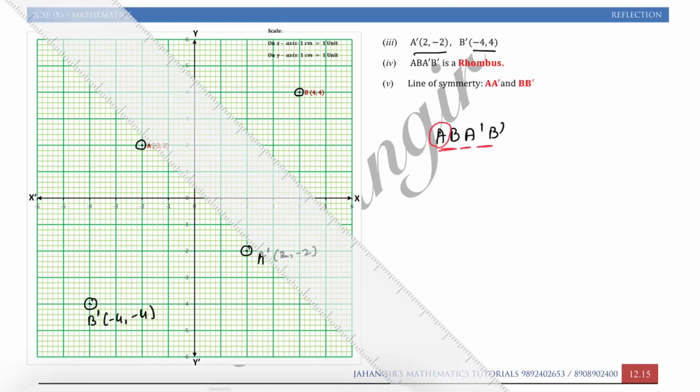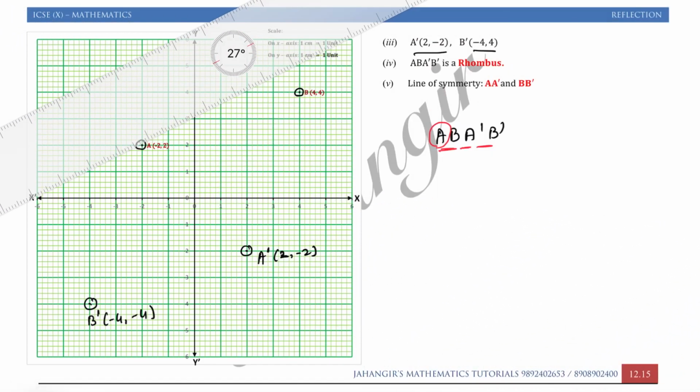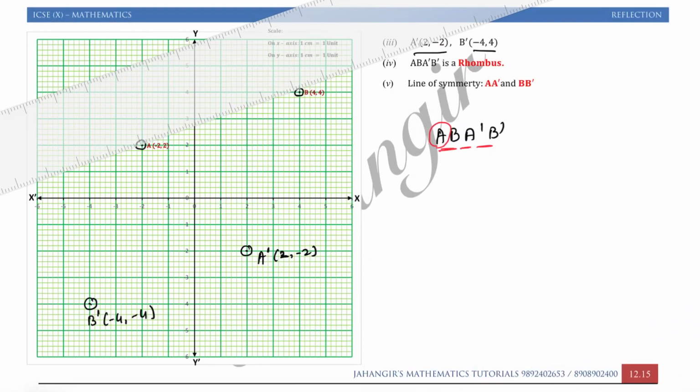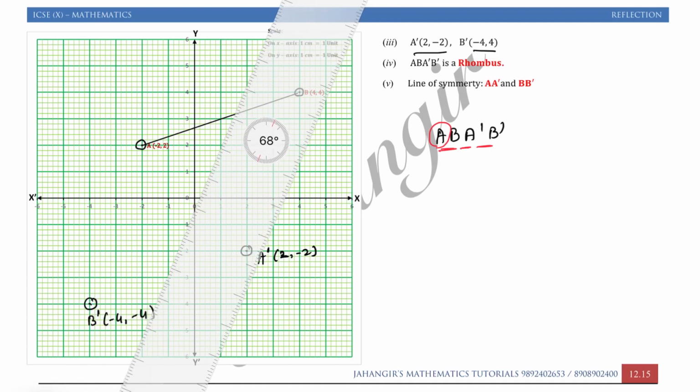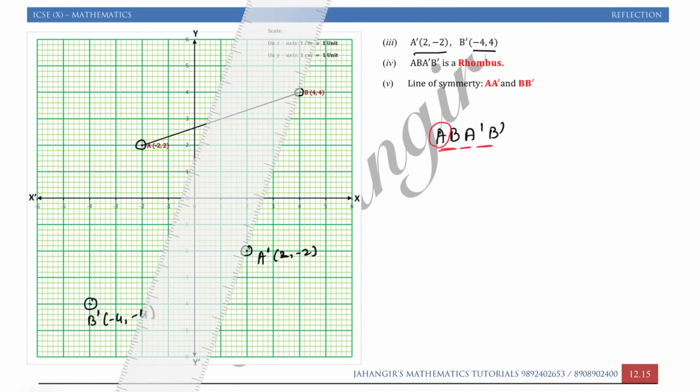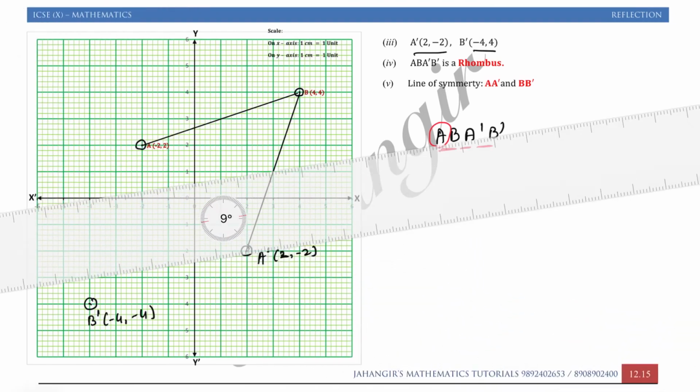So let us join. First we will start with A, which we have to join with B. First A is joined with B. Now B will be joined with A dash. Then A dash will be joined with B dash.